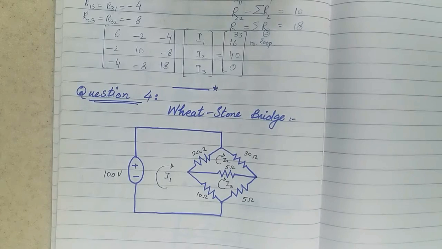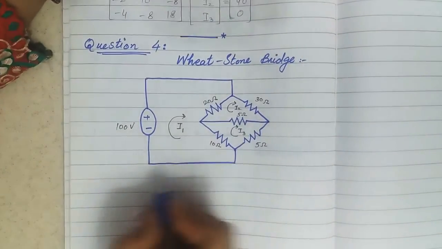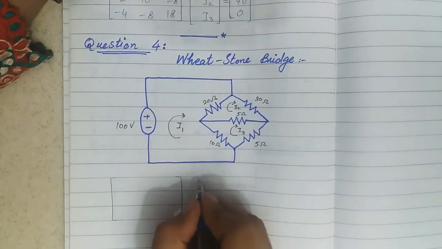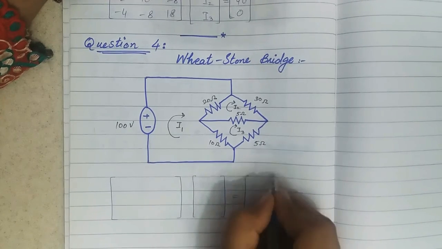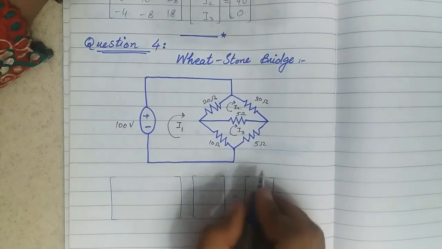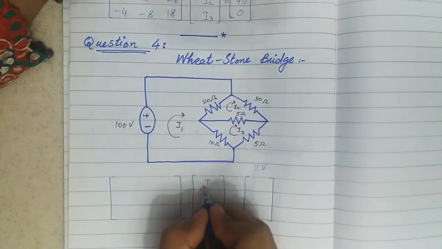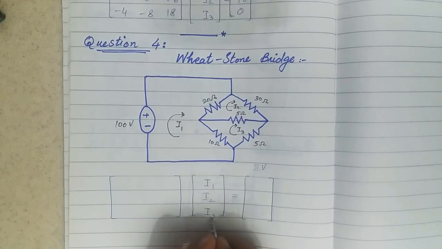Now, to form matrices, these are 3 loops, so it will be a 3 by 3 matrix. 3 are unknowns and 3 will be the total voltage. There will be currents I1, I2, I3.